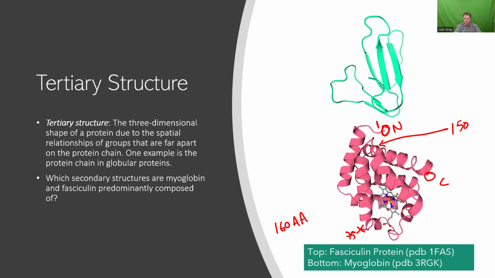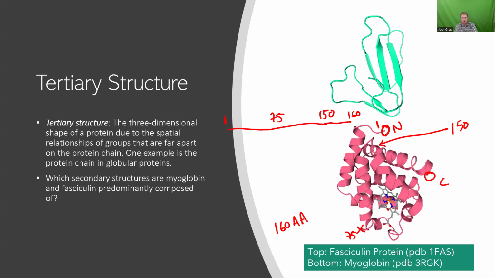Now, thinking about this molecule as a primary structure, as a straight line, as a polypeptide, here's my model. Amino acid 1, here's 75, here's 150, and I'll go a little bit farther. Here's 160.